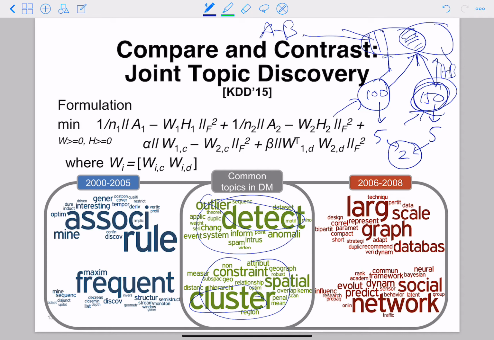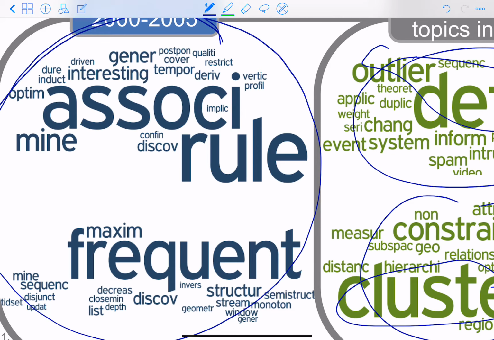Okay, and also as an exclusive topic, only appearing in the first document, those papers published before 2005, and then association rule mining and frequent pattern mining and so on.